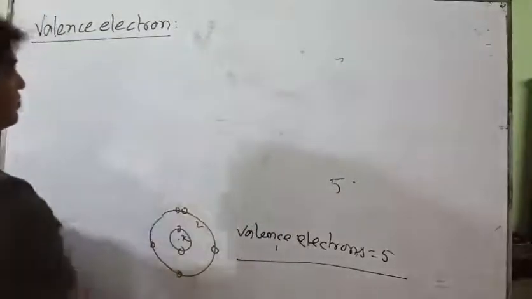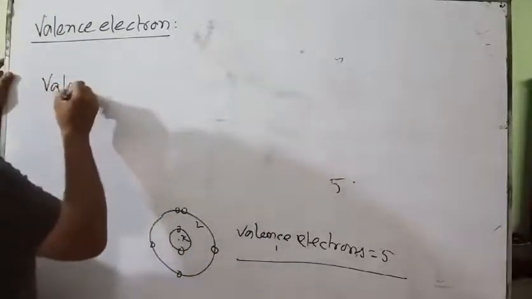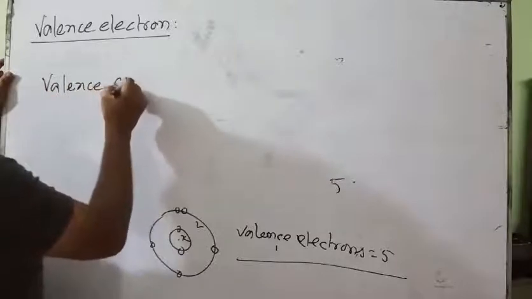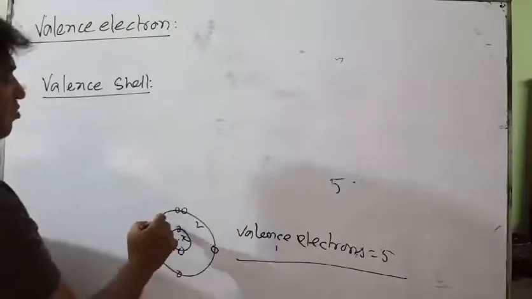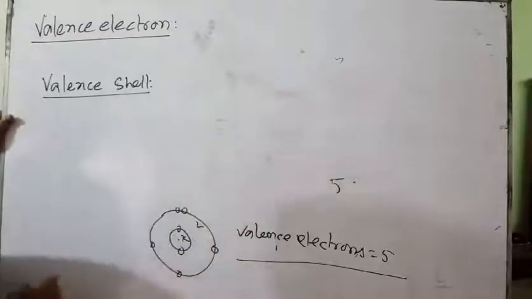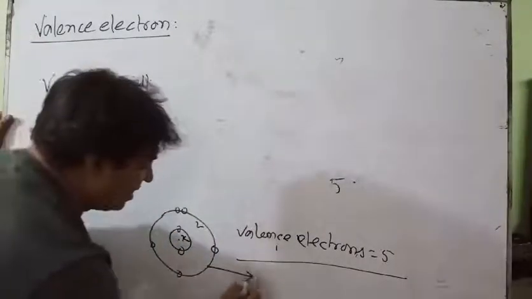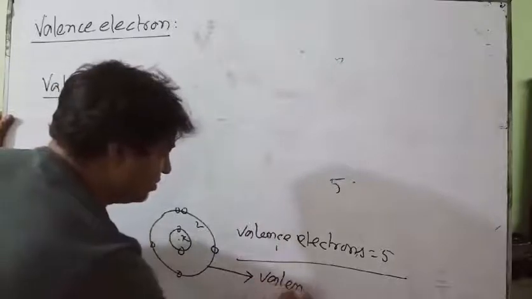Now, another term, valence shell. Valence shell means the last energy shell, or the outermost energy shell of an atom, is called the valence shell. That is why this is the valence shell.